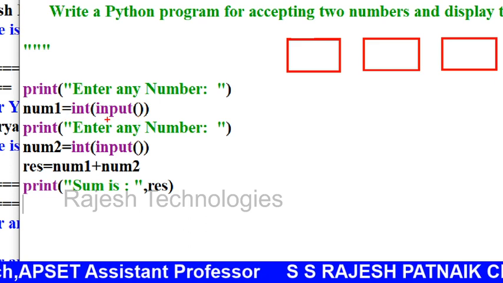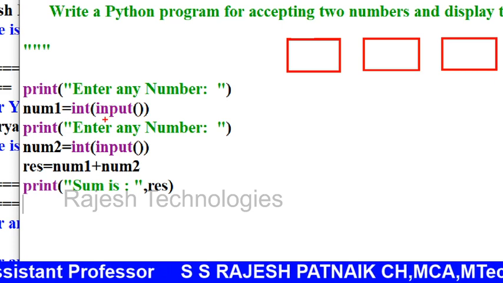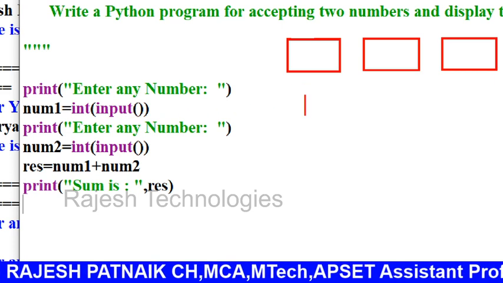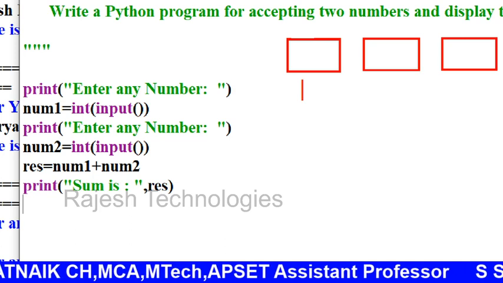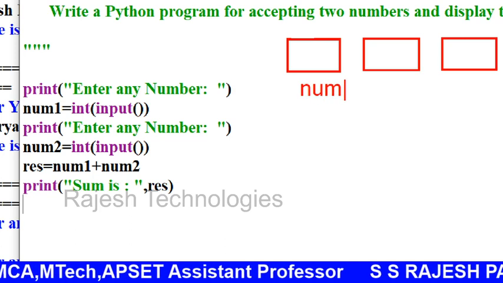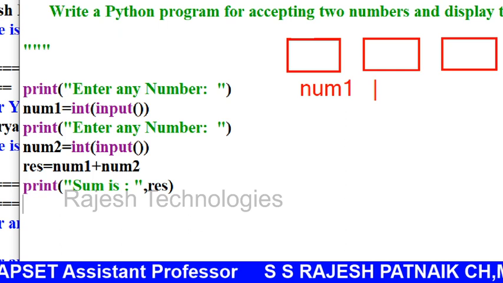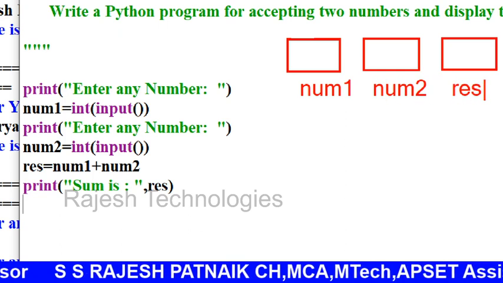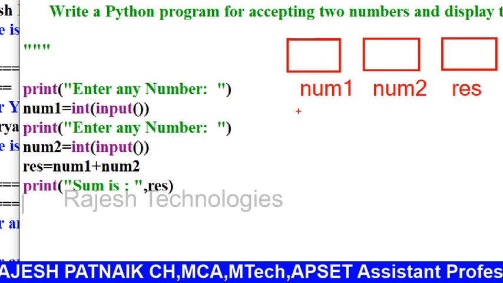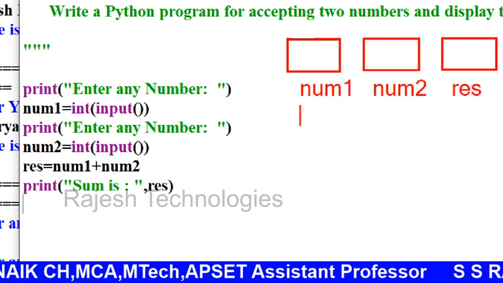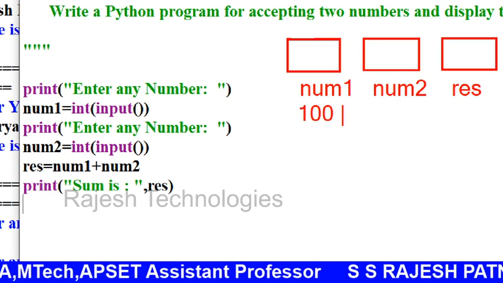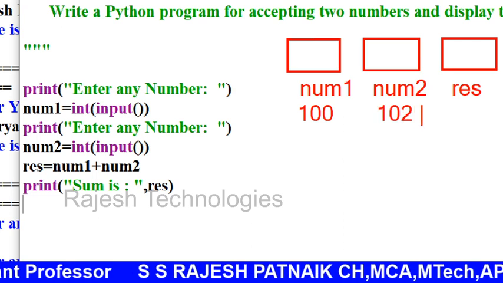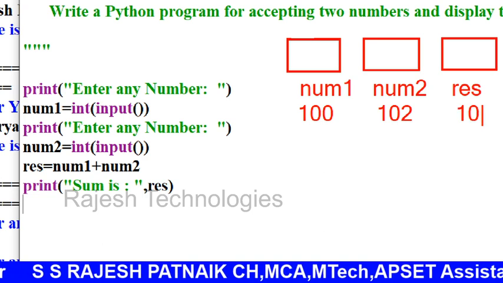Whatever value you entered, for example, I entered 22 in the output. Every particular object is having memory. For example, num1 is the first memory, num2 is the second memory, and result is the third memory. Every particular object is having some address like 100, 102, 104.